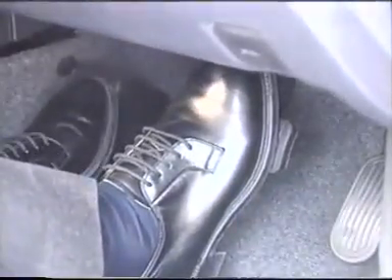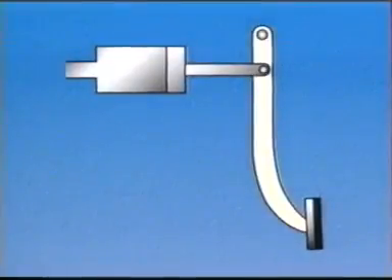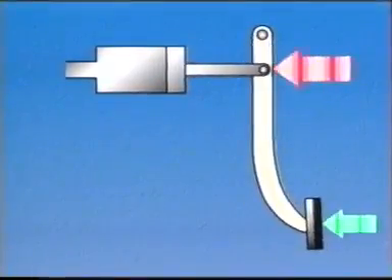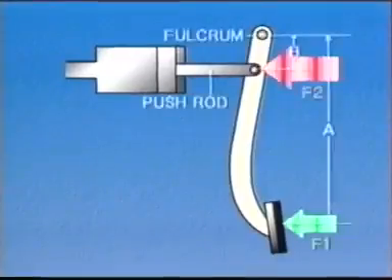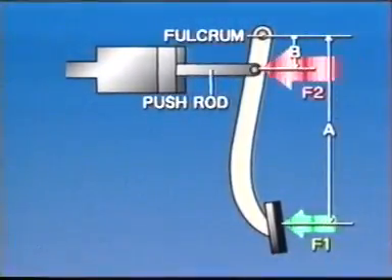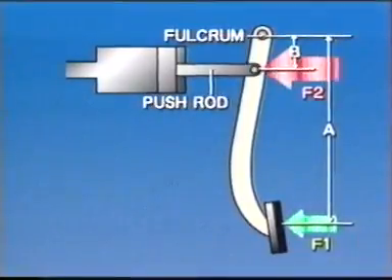The force applied on the brake pedal is converted to a larger force according to the principle of the lever. There is a relationship between force F2 applied to the push rod of the master cylinder and force F1 applied to the brake pedal as shown here.